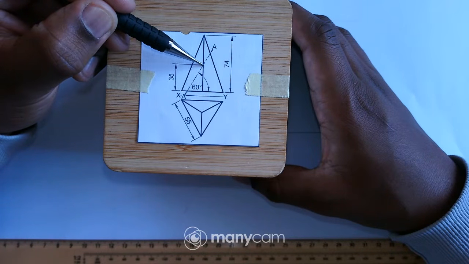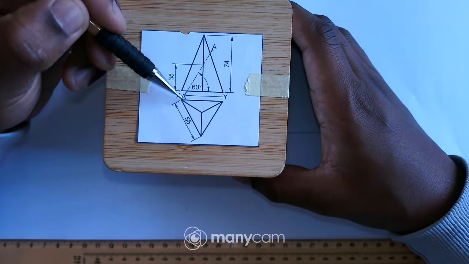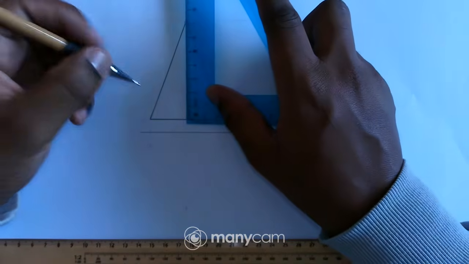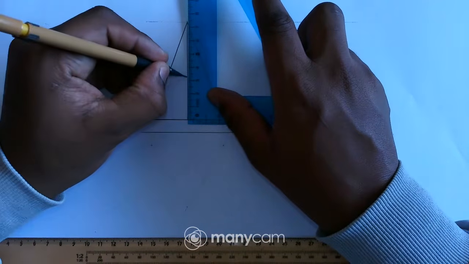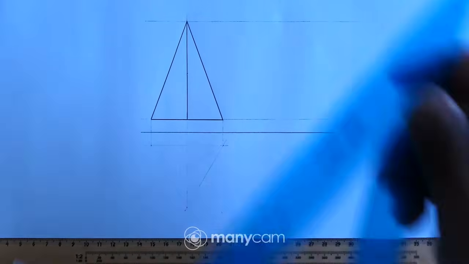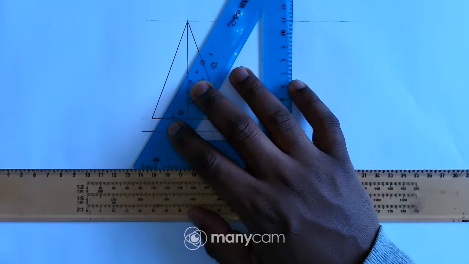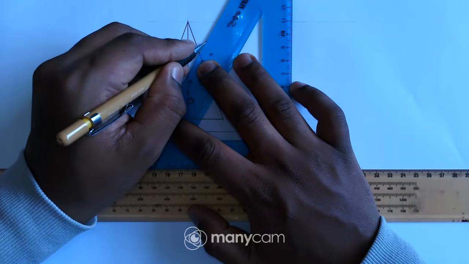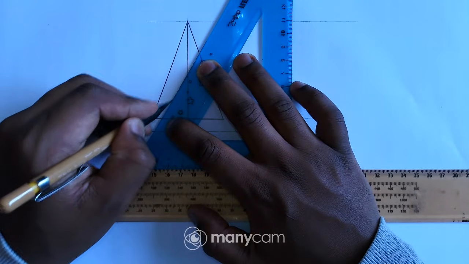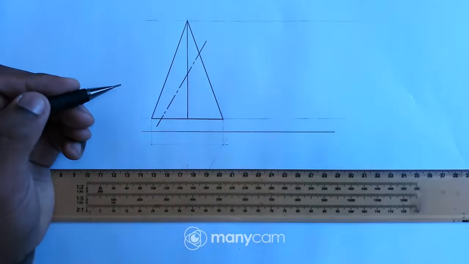So I'll measure 35 from the base going up, mark a point there, and then use my 30 by 60 set square to draw the cutting plane at an angle of 60. I'll add the cutting plane right there, like that.